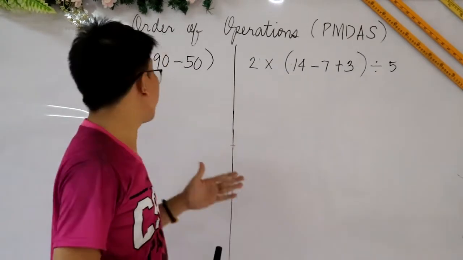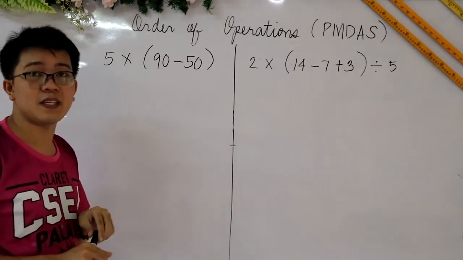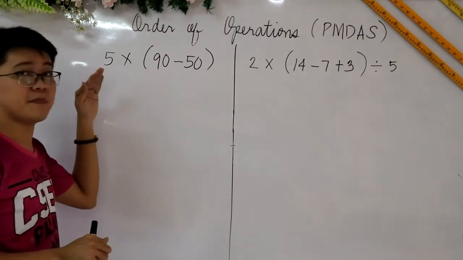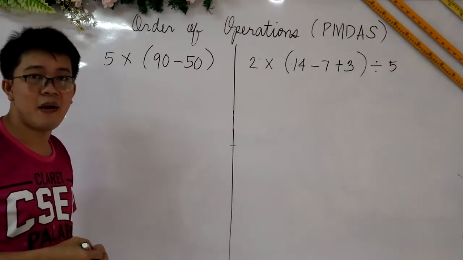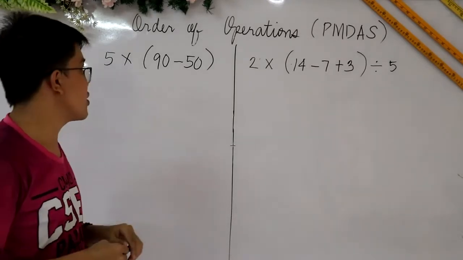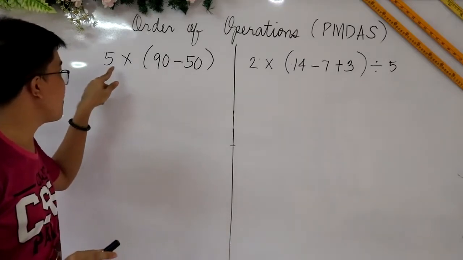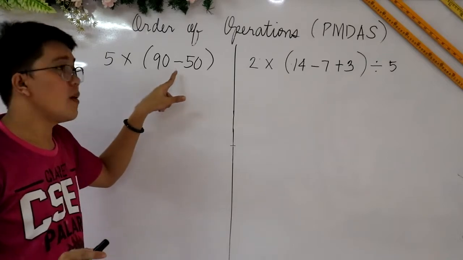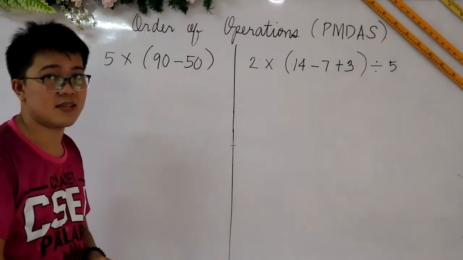Now I have here 5 times the difference of 90 and 50. Again, 5 times the difference of 90 and 50. Remember what we mean when we say difference? Yes, answer of subtraction. In this case, there are 3 operations involved. We have multiplication, we have subtraction, and we also have parentheses.